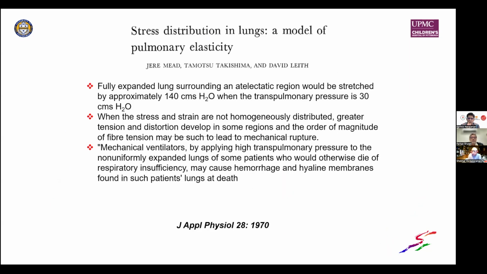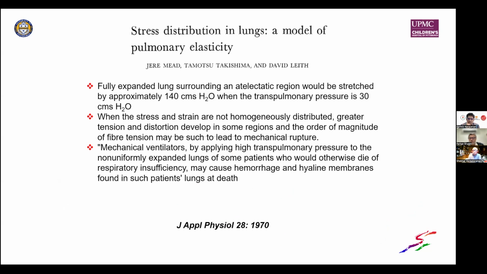There was a study done in 1970 where they estimated what would be the stress at the junction of an atelectatic region with an open region when the transpulmonary pressure was only 30 centimeters. They estimated that the actual pressure at the junction might be as high as 140 centimeters of pressure.